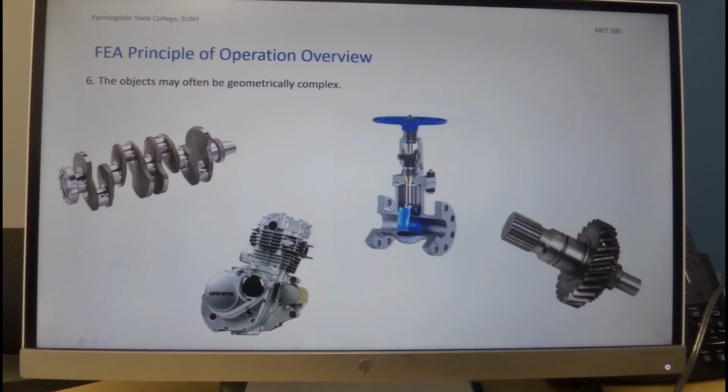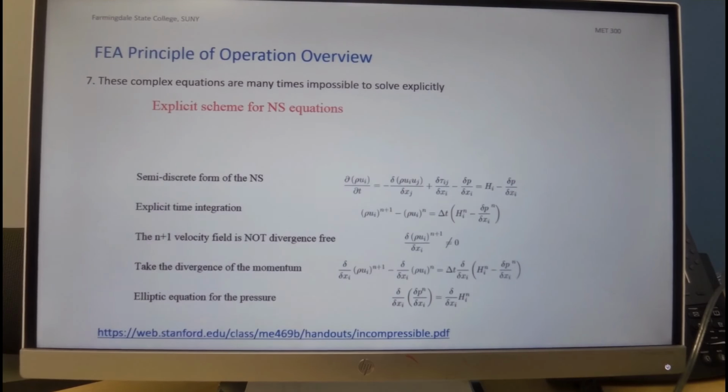We see a complex bevel gear or a gate valve.